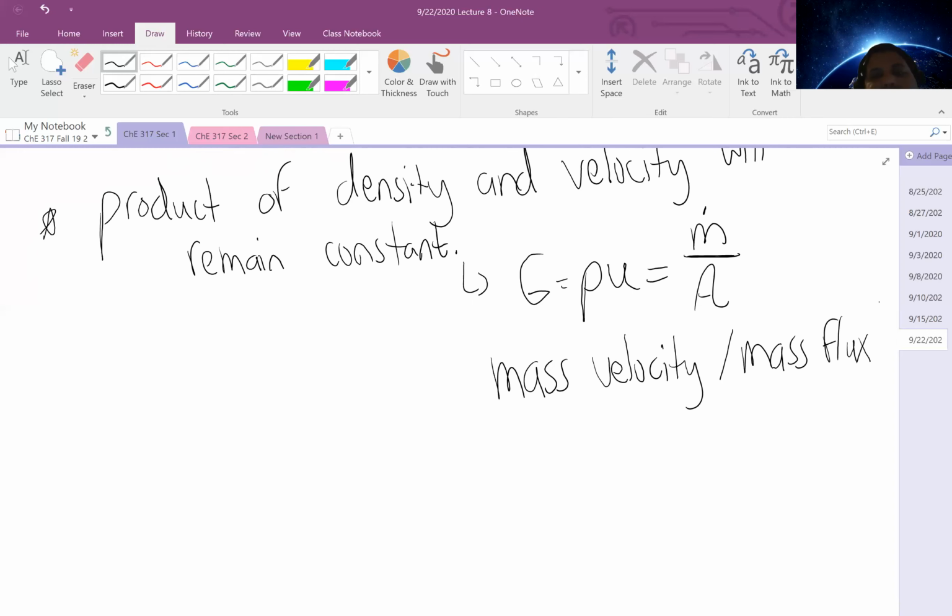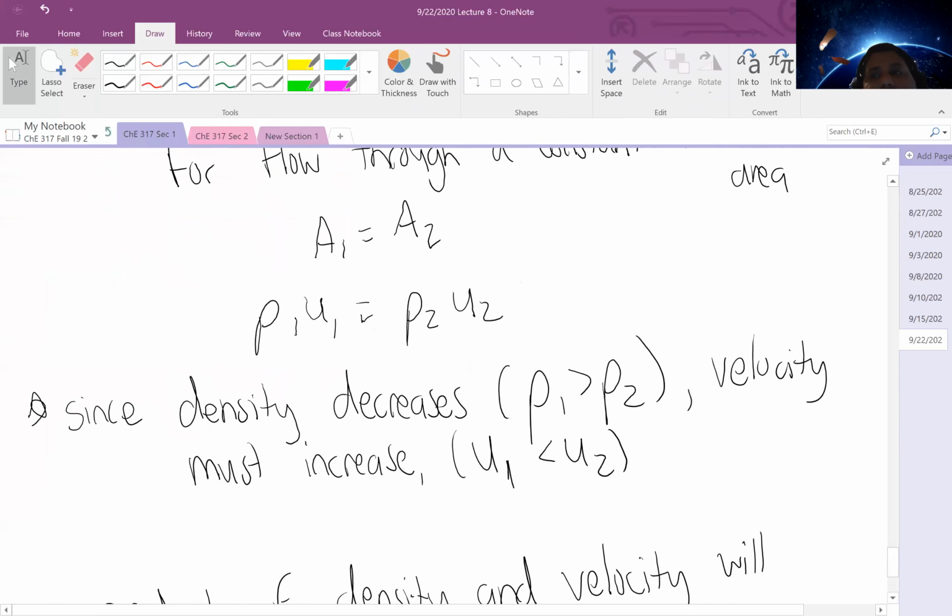And so the important thing to note is that for compressible flow, application of the continuity equation allows us to consider that even though the density is changing, the velocity is changing, the product of these two remains constant.